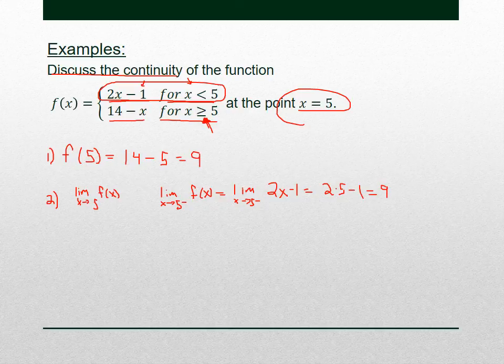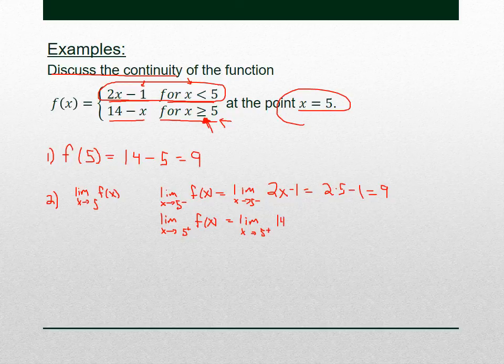We also need to check the right-hand limit, or the limit from the right. So the limit from the right, that's x values greater than 5. So we're going to use the second line here, where it says x is greater than or equal to 5, and for that we're going to check the limit as x approaches 5 from the right of 14 minus x.